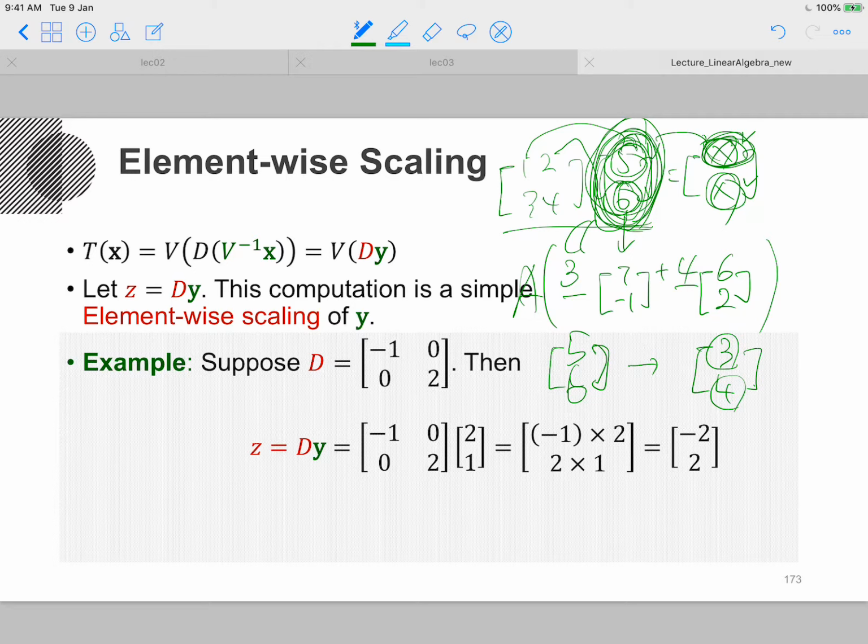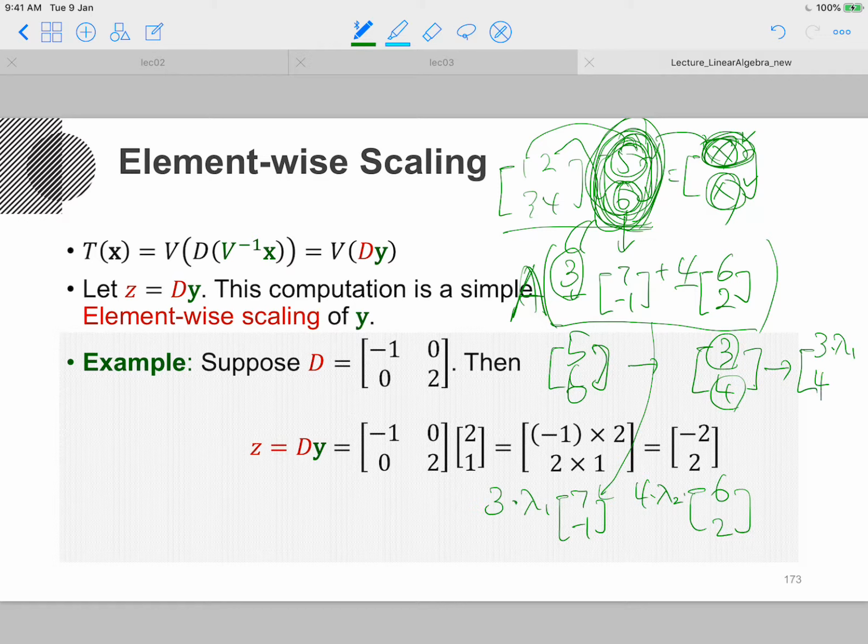And then if we imagine this matrix multiplication with the A, again, this guy will become 3 times lambda 1 and 7 and -1, and 6 times 2, and 4 times lambda 2, right? So 3 and 4, those two numbers actually change into 3 times lambda 1 and 4 times lambda 2. So if we multiply it with the A once again, we get lambda 1 squared and lambda 2 squared, right?